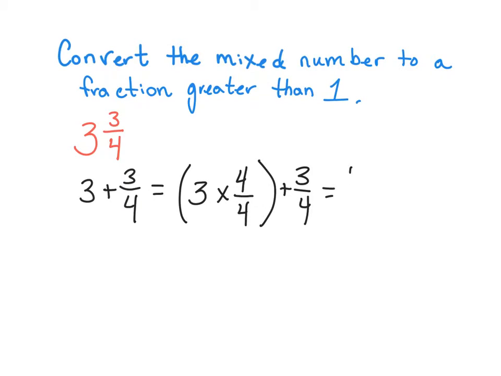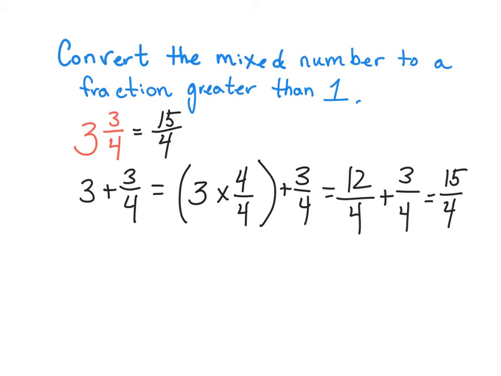Well, 3 times 4 is 12, and we keep it over the fourths. And then we're adding on the original fraction that was attached to the whole, which was 3/4. And when we add 12/4 plus 3/4, we get 15/4. So 3 3/4 is equal to 15/4.